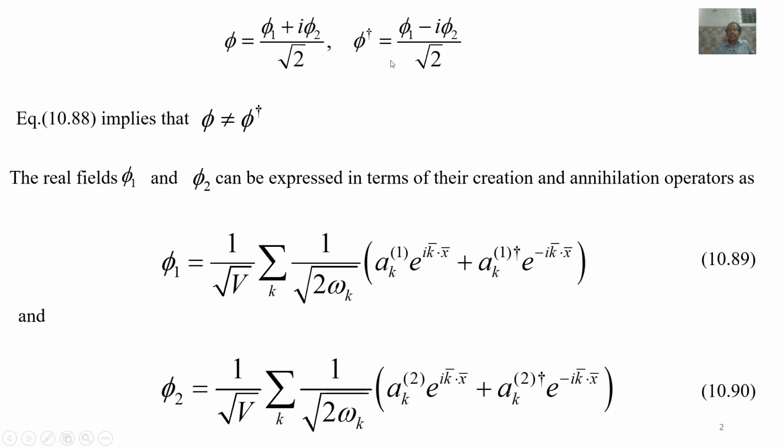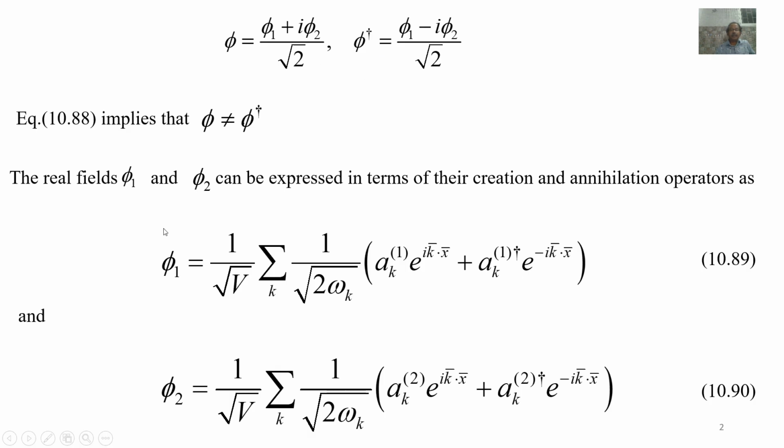Generally in quantum mechanics, all the operators will be denoted with a dagger. So that's why instead of star, we have written phi dagger. So phi dagger is equal to (phi1 minus i phi2) divided by root 2. And it implies that phi is not equal to phi dagger. See here. So they are not Hermitian.